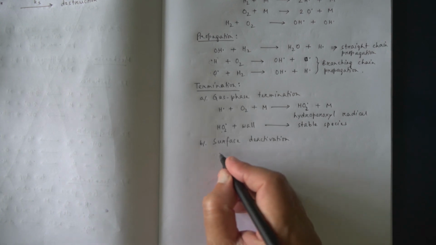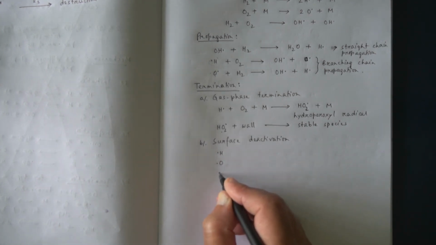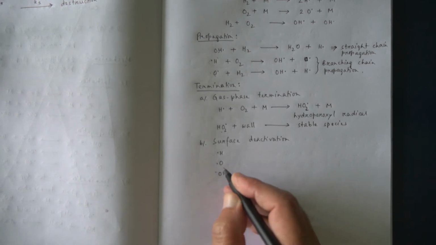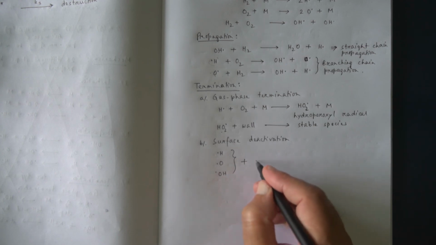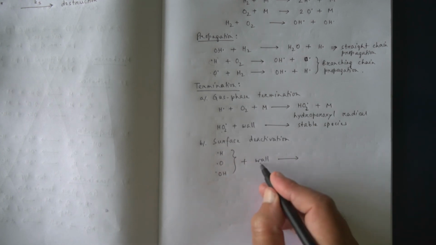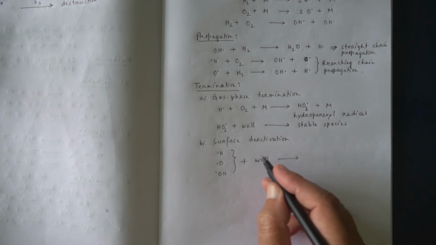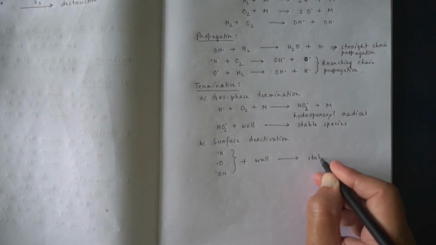What is surface deactivation? Here say this radical. So all these radicals get adsorbed on the wall of the container to form some stable species.